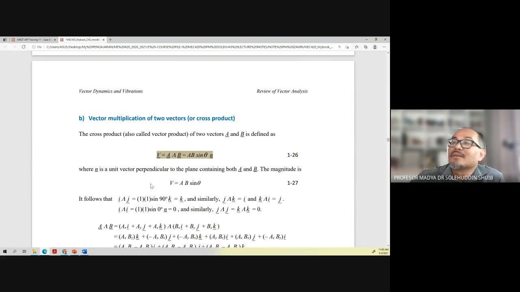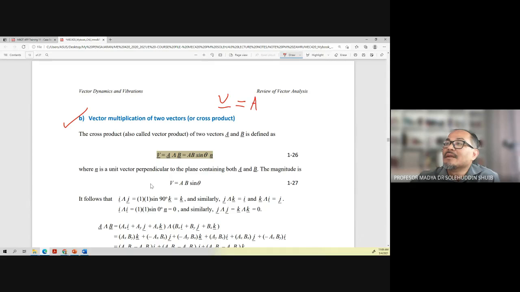All right, now it's the cross product. Just now we used cosine, this time you have a cross product of the two vectors A and B. So vector A cross vector B is equal to A times B sine theta, times n.